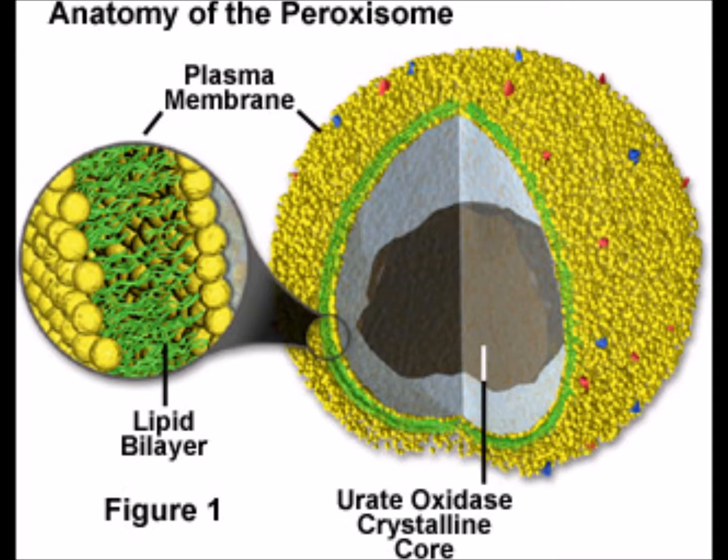Some types of peroxisomes, such as those in liver cells, detoxify alcohol and other harmful compounds by transferring the hydrogen atoms from the poisons to molecules of oxygen. This process is called oxidation. Peroxisomes usually use significant amounts of oxygen in order to carry out their activities.